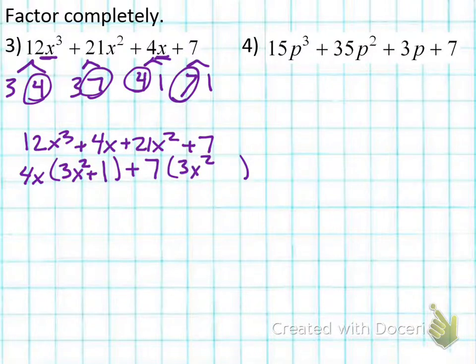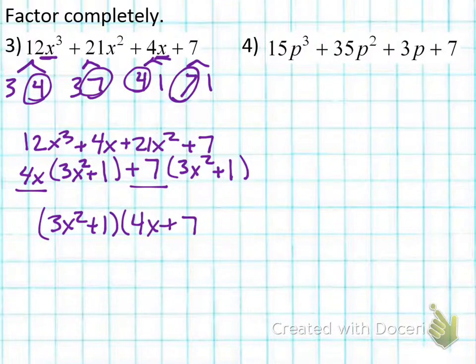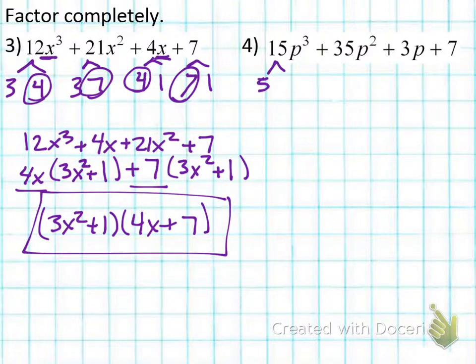And factoring out the 7 from 7, I just get plus 1. Again, these terms are in common, so I can rewrite this in front. I'm left with 4x plus 7. Okay, and that's my answer. So moving on now to number 4.